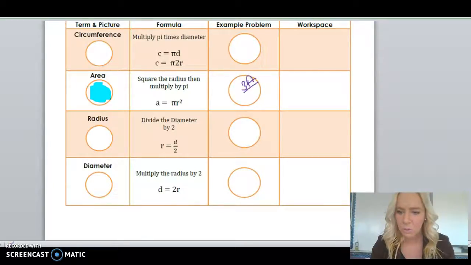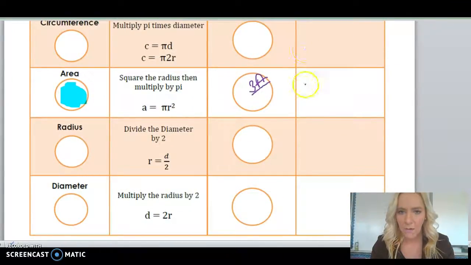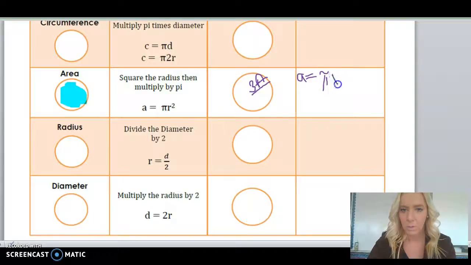So what we're going to do is take area equals pi, or 3.14, times 3 squared. So yours is going to look a little neater than mine. This is really difficult to write on today.